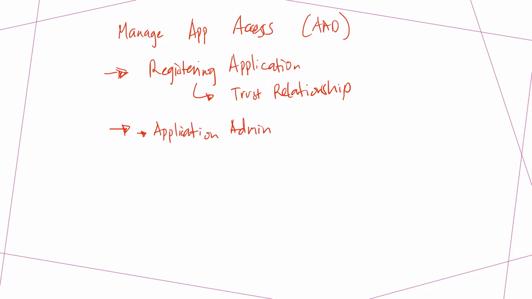That's the very common role that you can have in order to create an application. Another role you can have is a cloud application administrator. I'm just going to put admin there. And then an application developer role.